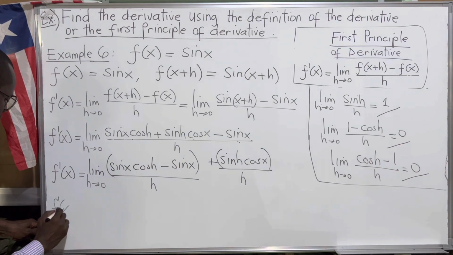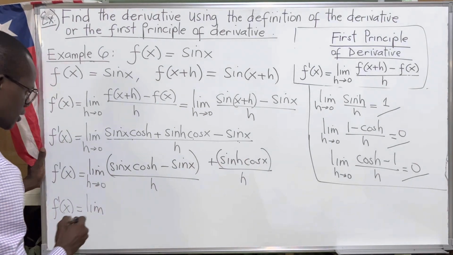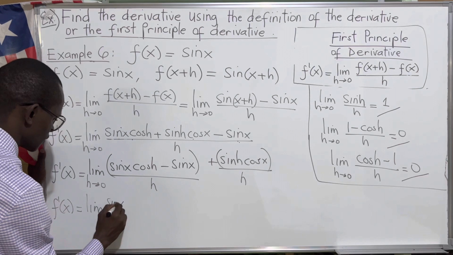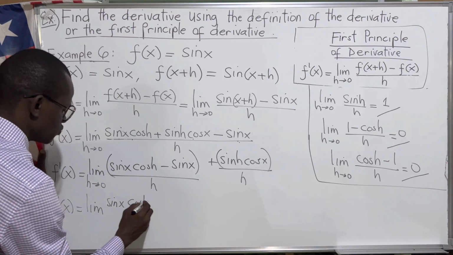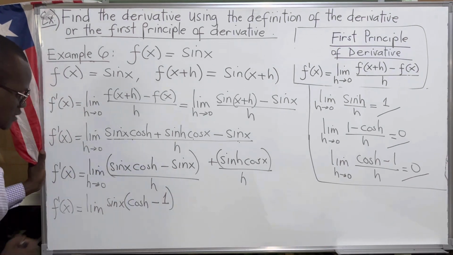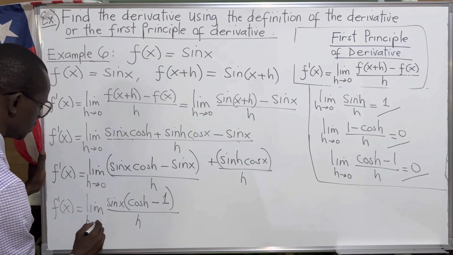So we can independently take the limit of this expression and this expression. So we take the limit of this one. Remember, we can factor out sine of x, and then cos of h minus 1 remains, divided by h as h approaches 0.